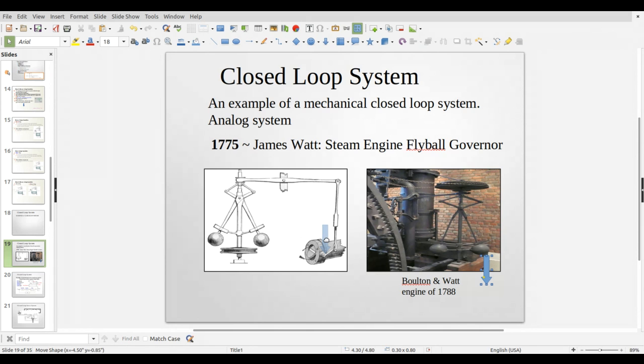You have this valve, and we've got a mechanical arm attached to this lever. And then we have these weighted balls here on this spinning, right? So this steam engine is going to be turning, right?